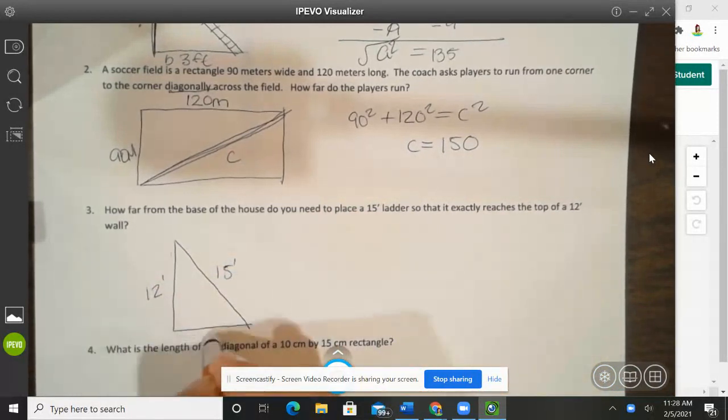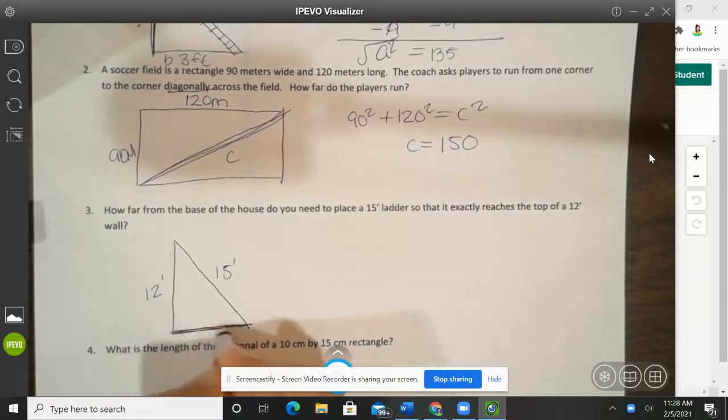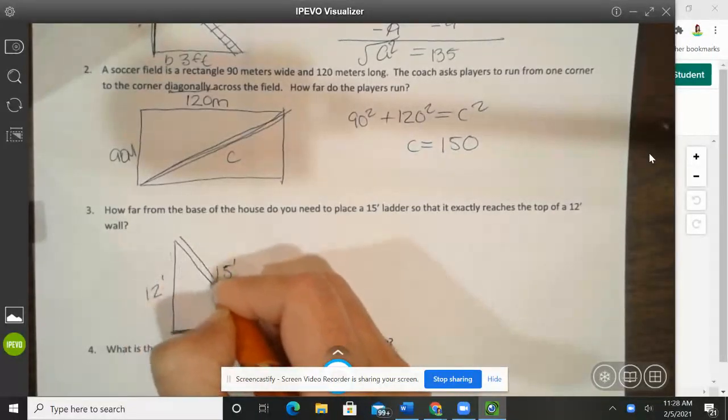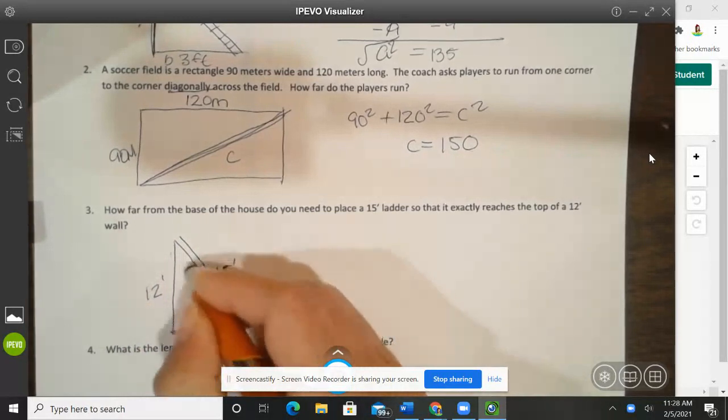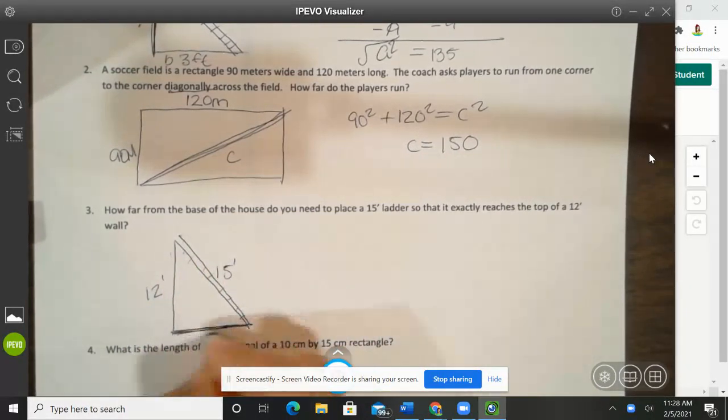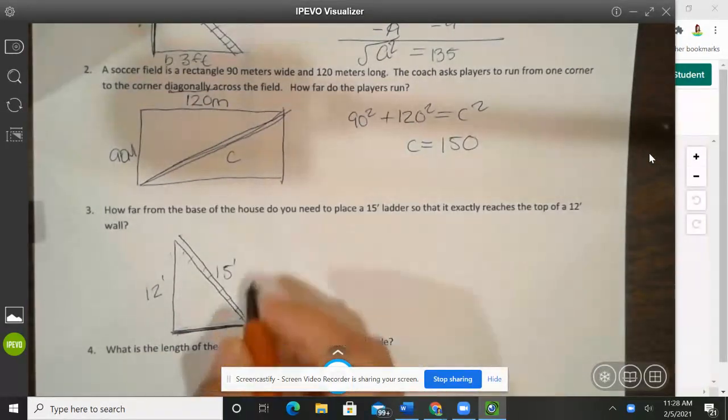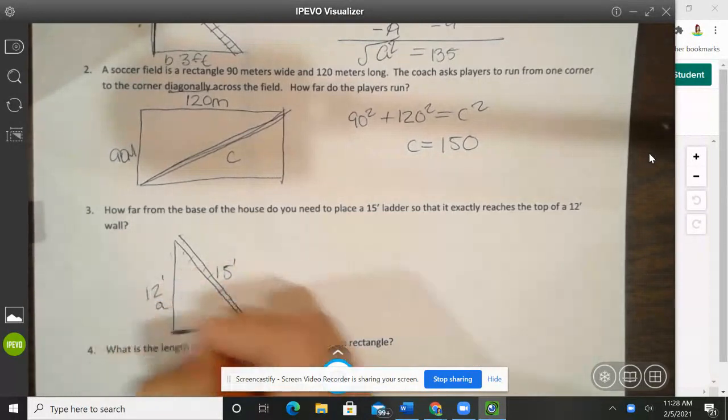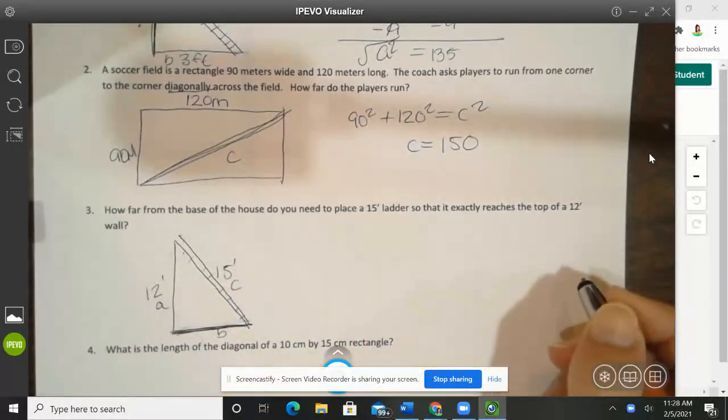And then they're asking you for how far away you have to place it. They're asking you how far away you have to place it against the wall. Are you going to place it closer or what? That's what they're asking you. So this could be A, this could be B, this is definitely C.